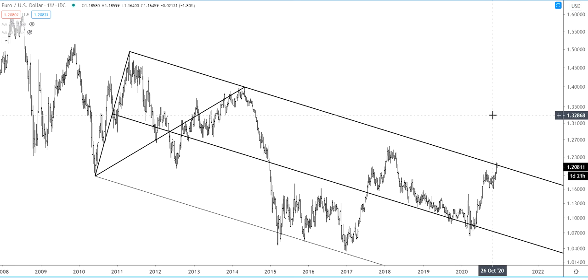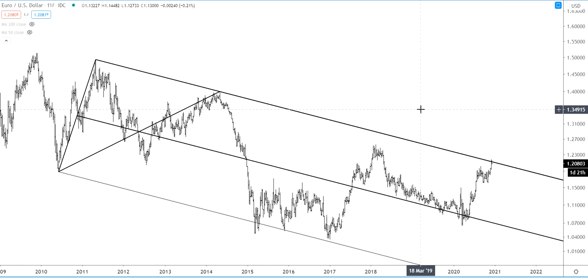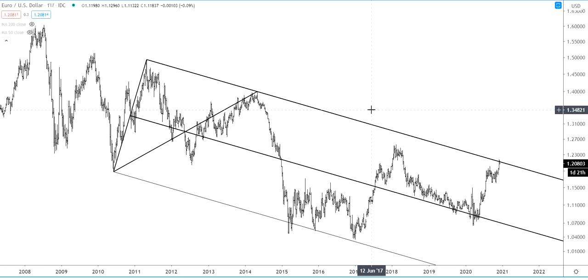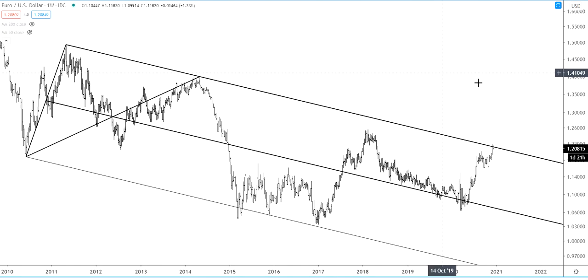Jamie Setley here. It is December 9th, 2020, day before ECB. So, wanted to take a look at Euro prior to this and just point out a few things. One, we are trading at a pretty big level based on the line from the 2011 and 2014 highs.